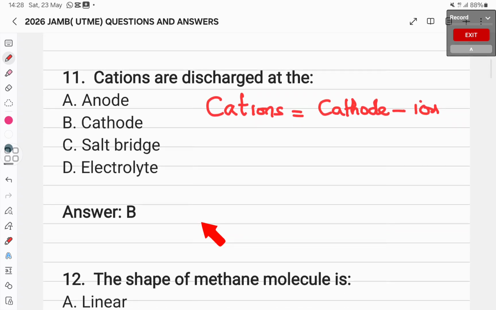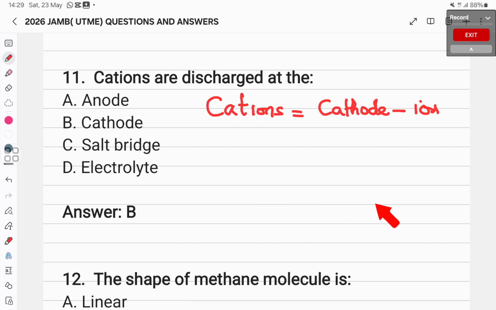Salt bridge is used in electrochemical cells. That's the one that connects two half cells together. Electrolyte is a compound that can allow the passage of electric current and become decomposed in the process. Usually electrolytes are ionic in nature.